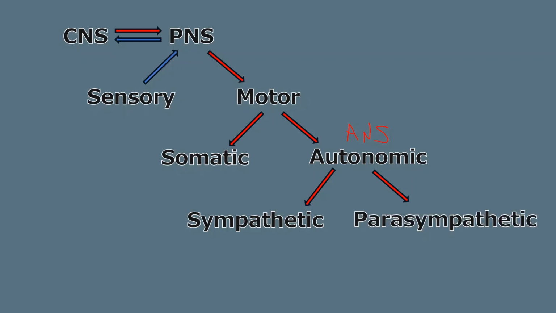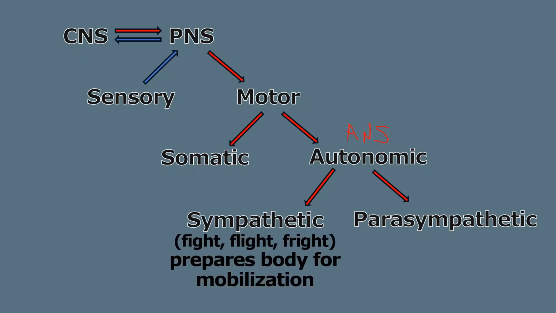And we often have outflow to, say, the heart with both branches. So sympathetics is usually, as a rule, preparing the body for some sort of activity or mobilization where we're going to use energy. Sometimes you hear this called the fight or flight response, but I want to add the word fright in there too. So we have fight, flight, and fright.